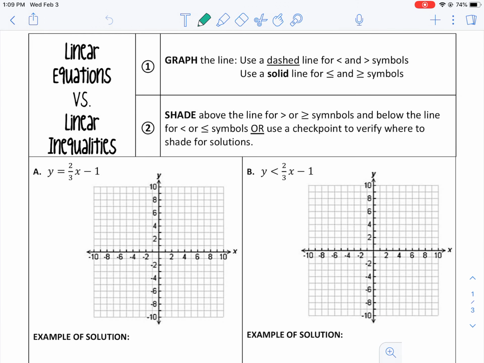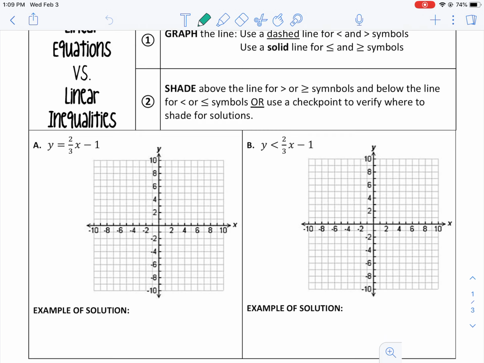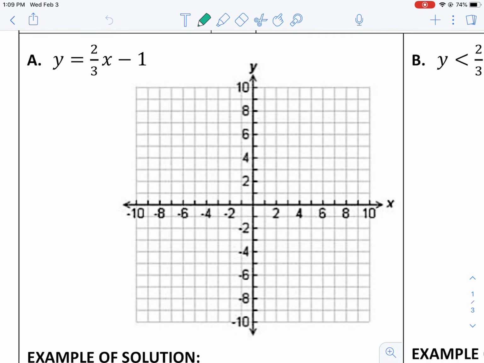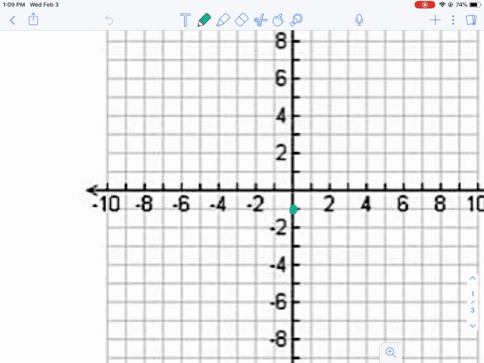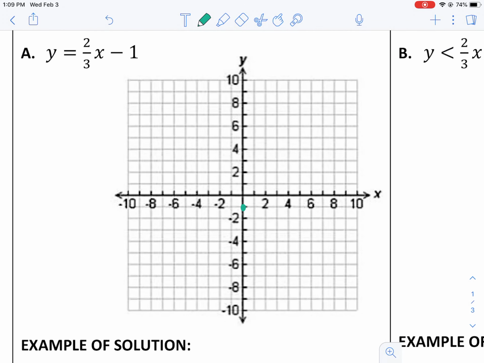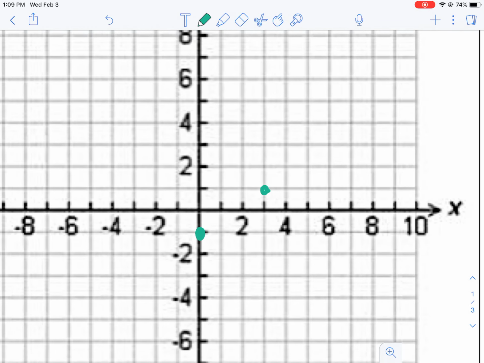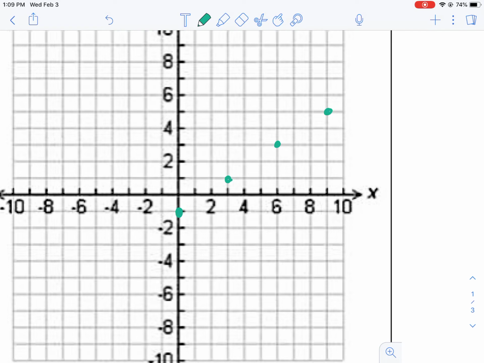So first thing I'm just going to show you is the difference between an equation and an inequality. Okay, so we know how to graph lines. All right, we've done this many times before. So I'm going to graph this line real quick, 2/3 x minus 1. So when you have an equation, right, the solutions are all the points on the line.